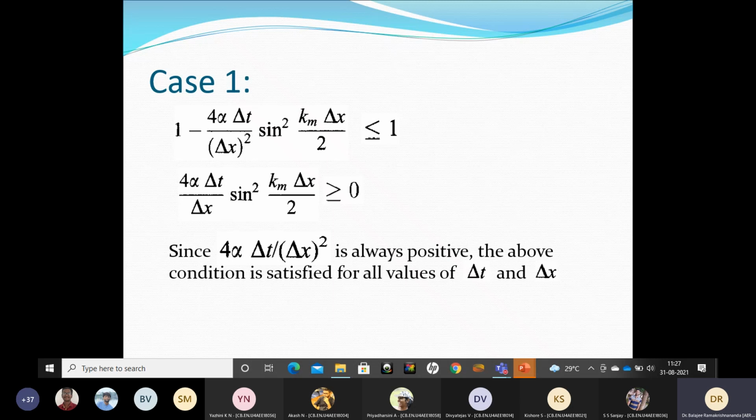Whatever is inside the bracket being less than 1 gives the condition that 4 alpha delta t by delta x squared sin squared km delta x by 2 is greater than or equal to 0. Now sin squared theta is always greater than or equal to 0, so this is satisfied for any value of delta t and delta x. This is not a critical condition.